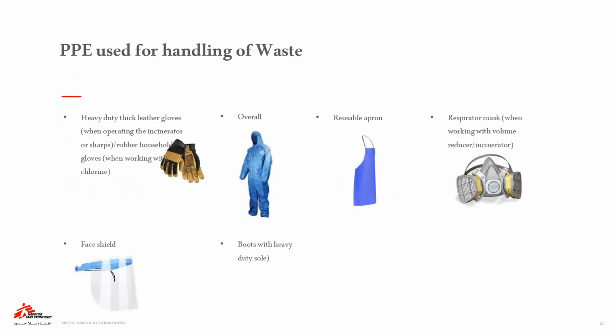With all that, we need to know, when we are dealing with the waste, whether in the waste zone or while handling the waste from the isolation ward to the waste zone, what personal protective equipment is required for the people.